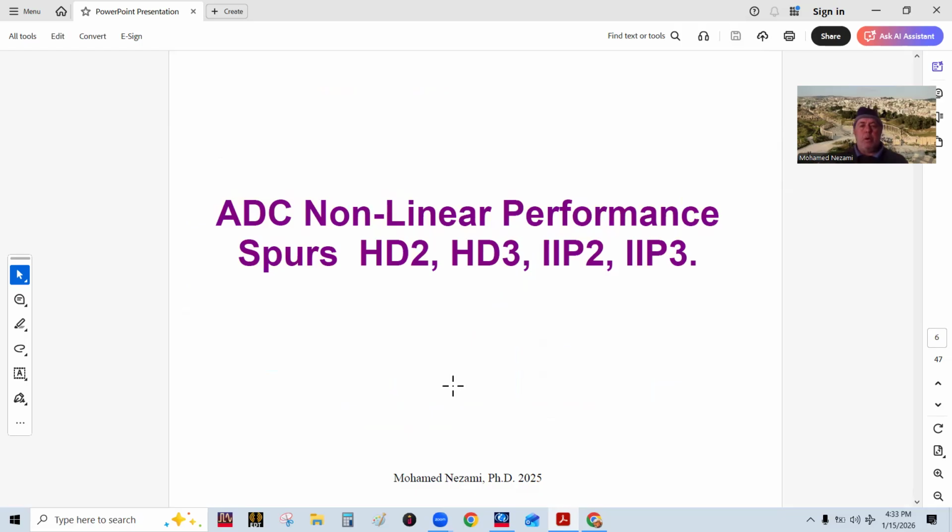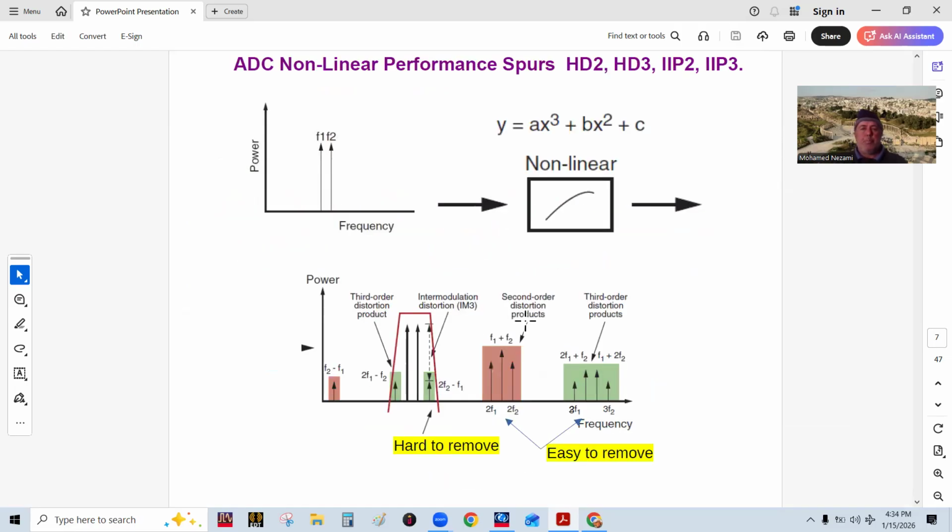All right, so today I'm going to talk about the thing we have left from last time, the nonlinear performance of the A to D in terms of spurs that belong to the harmonic distortion, second order and third order harmonic distortion, and then look at the second order and third order intercept points.